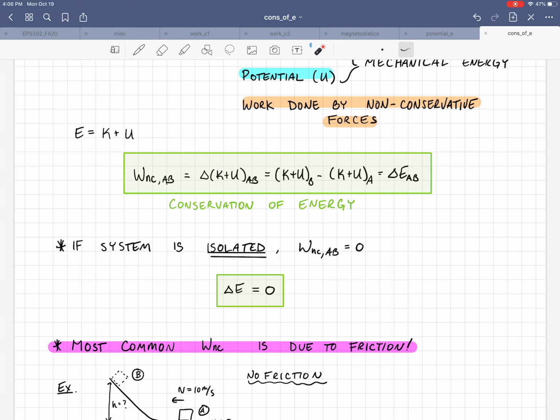That means that work done by the non-conservative forces is zero, and the change in the mechanical energy from A to B is equal to zero. This is what we mean when we say that the total energy of the system is conserved. No matter what forms the energy is in, whether it's potential energy or kinetic energy, if you add up all the energy, you always get the same result.